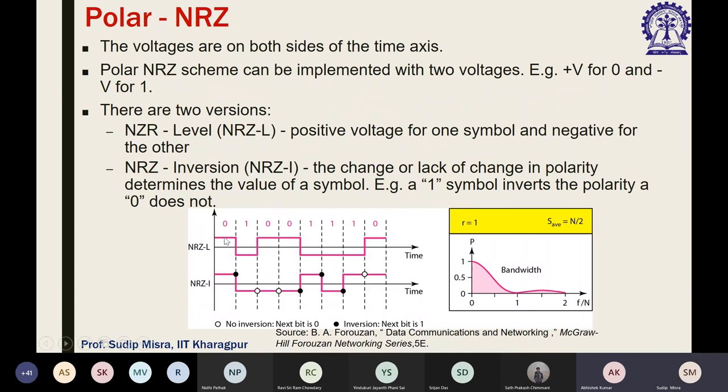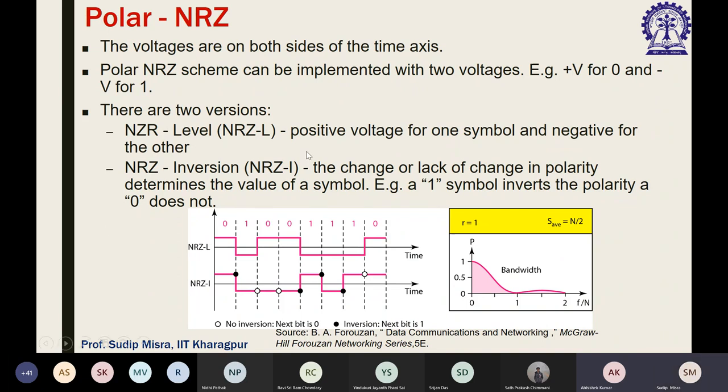So we have plus V volt to represent 0, minus V volts to represent 1, plus V volts to represent 0, minus V volts to represent 1. So earlier it was what? It was 0 voltage to represent 1. So now we have minus V volts to represent 1. So you see that this basically can help you to balance the polarity of the signal, right?